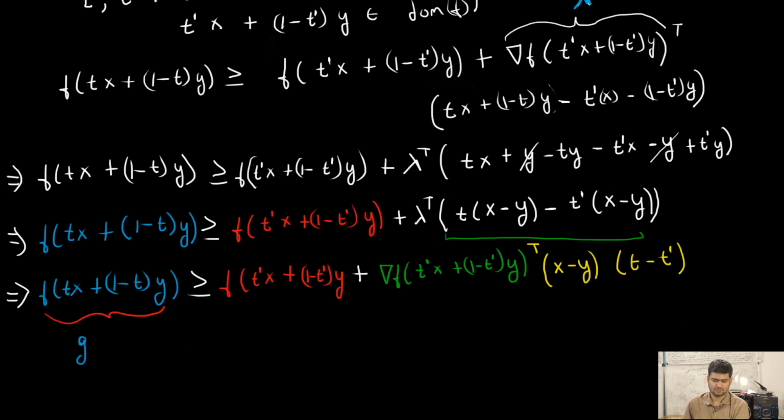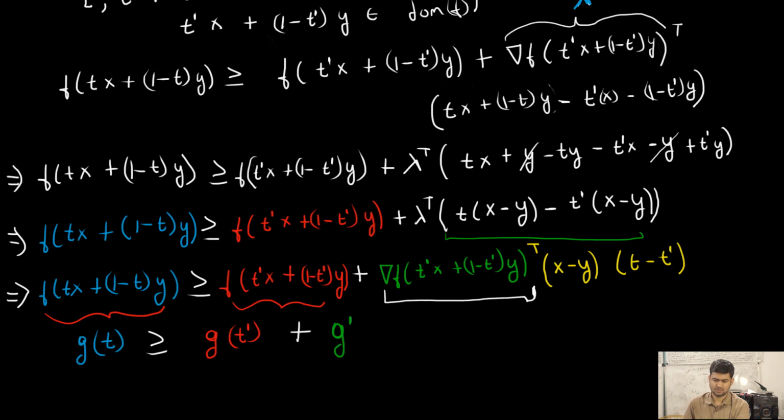So this is g of t is greater than or equal to g of t prime plus g prime at the point t prime, this entire term.